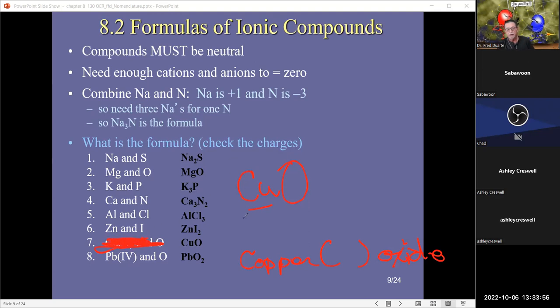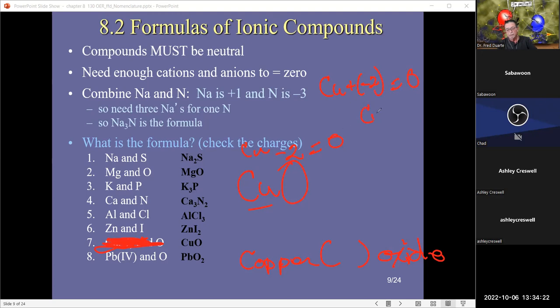Well, we back calculate. We know that the oxygen is always a -2, okay? And it has to combine with, we only have one copper here, so I write a very generic and very quick algebraic equation. Cu is copper, plus a -2 equals 0, right?